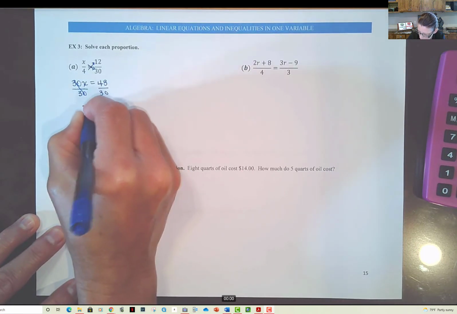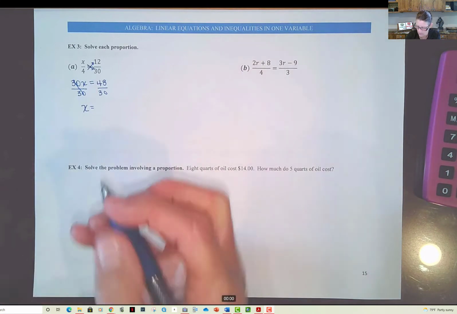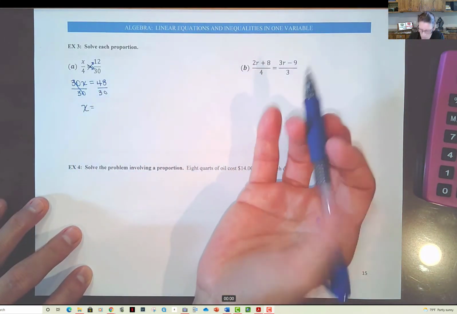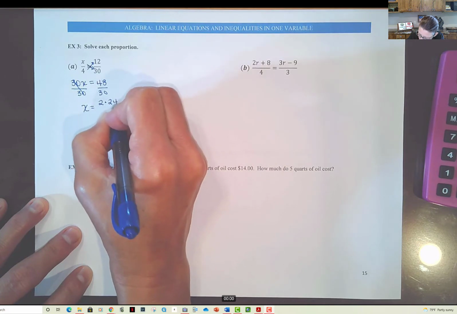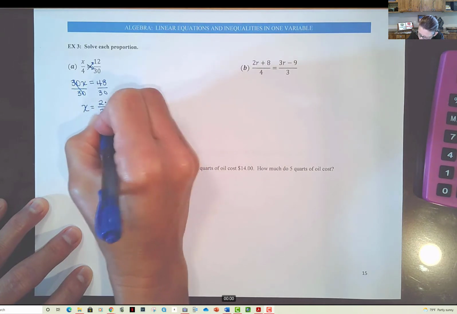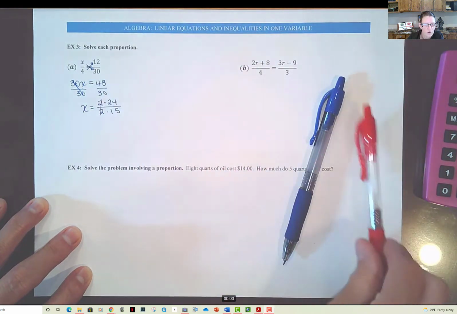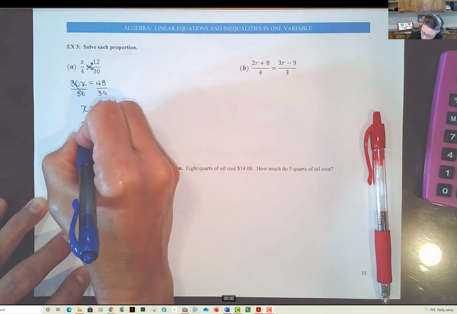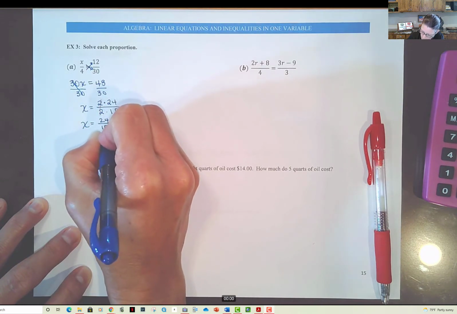So x is equal to 48 over 30. Now we know this is going to reduce because those are both even numbers. So as you begin reducing, you might say, well, 48 is 2 times 24, and 30 is 2 times 15. And we can divide out that common factor of 2 and reduce this to 24/15.